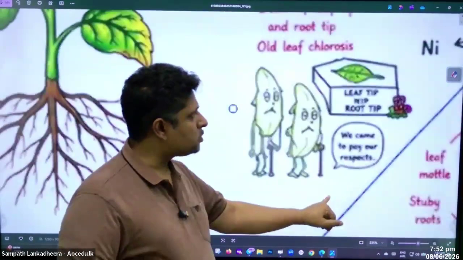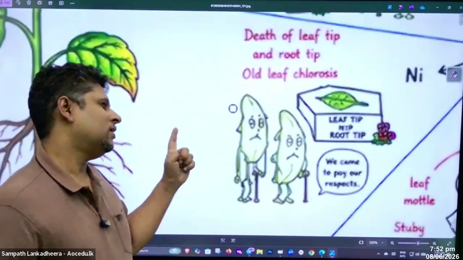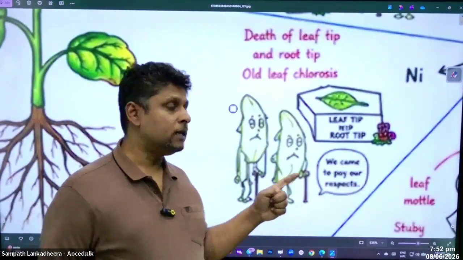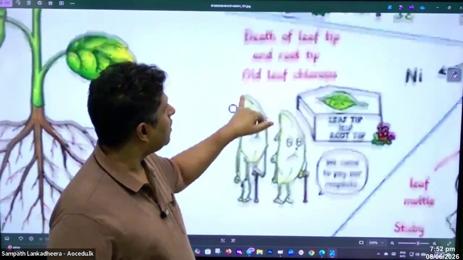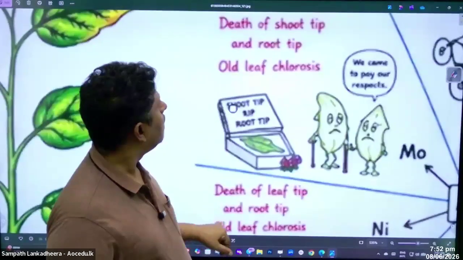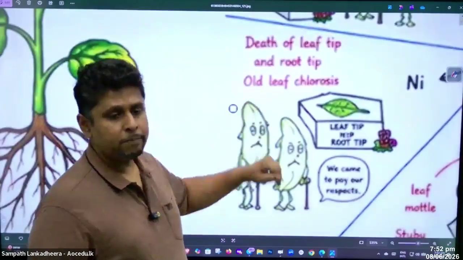And finally we come to nickel. Nickel causes death of the leaf tip.